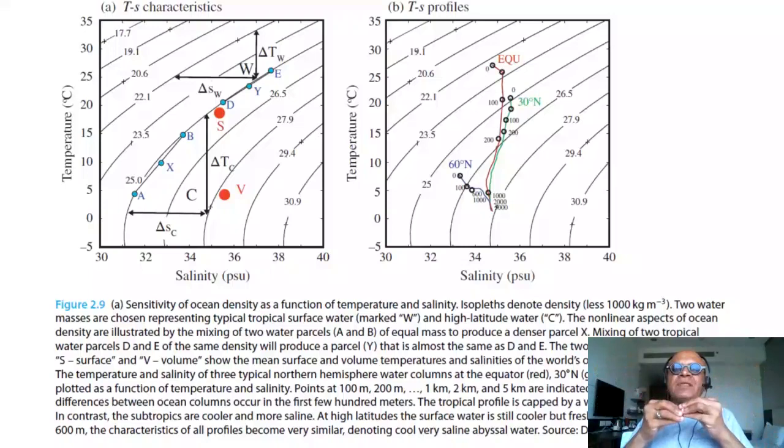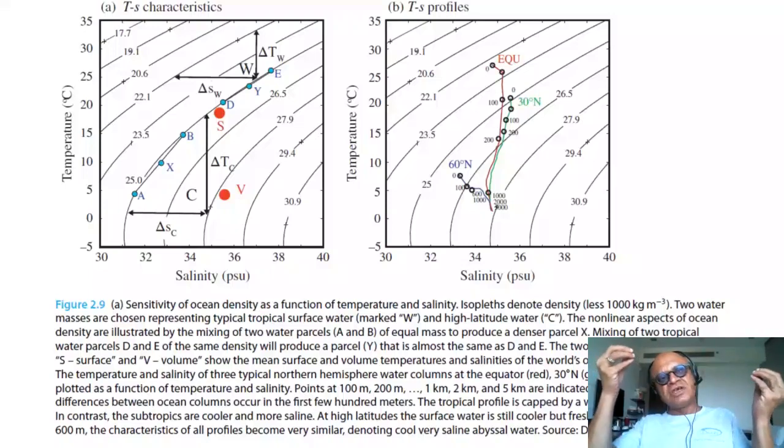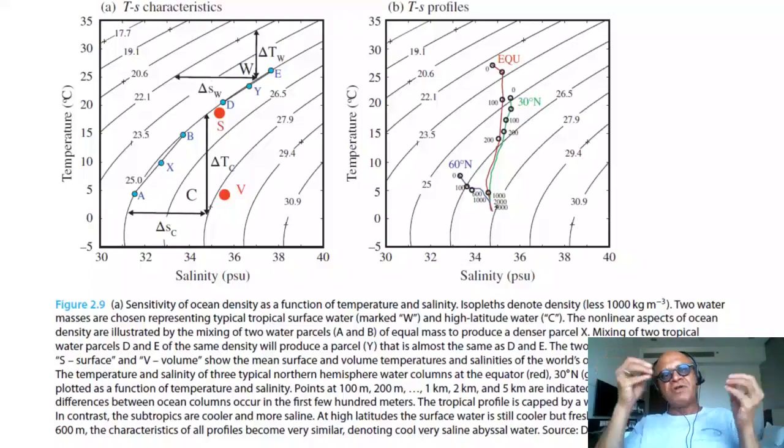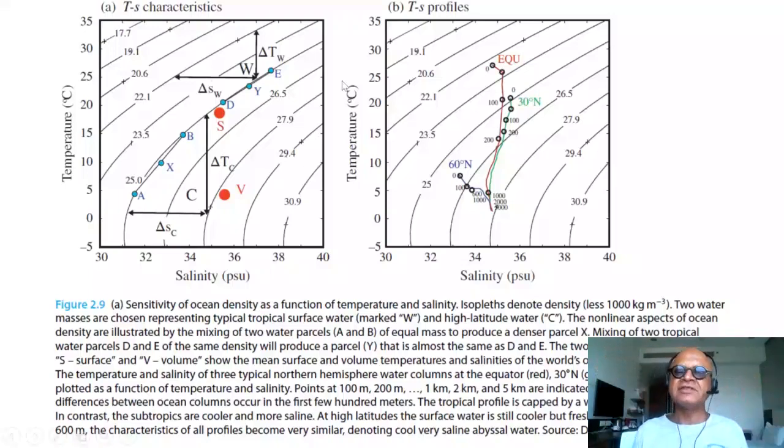When you mix them, the temperature is going to become the average of the two, the salinity is going to become the average of the two. It's just a linear mixing process, and that's going to result in a density that's new, even though they started with the same density when they were mixed. This is called cabbeling, and it can be important in some regions of the world where you have a lot of freshwater forcing or a lot of glacier melt and so on and so forth.